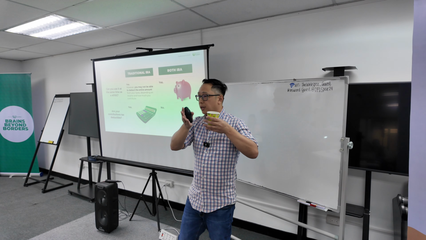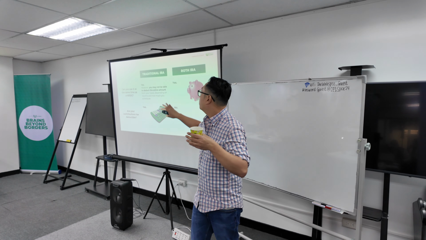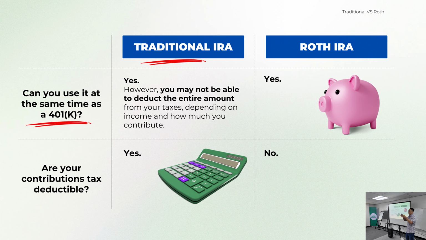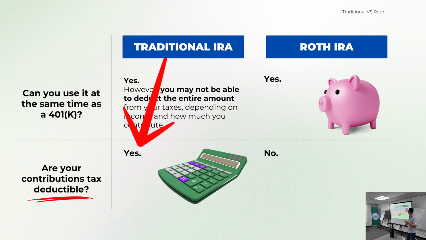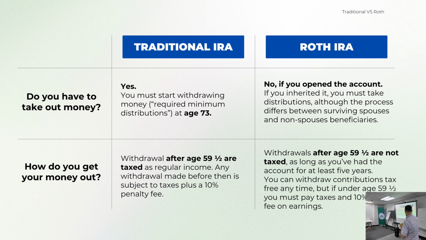So maybe if their employer doesn't offer it, then they could put into a traditional IRA. But if their employer offers a 401k, it's usually better to put into the 401k over the traditional IRA. And for a Roth IRA, you could still put into a Roth IRA even if you have a 401k at work. And then, is it tax deductible? For traditional it's yes, for Roth it's no, like we talked about earlier.